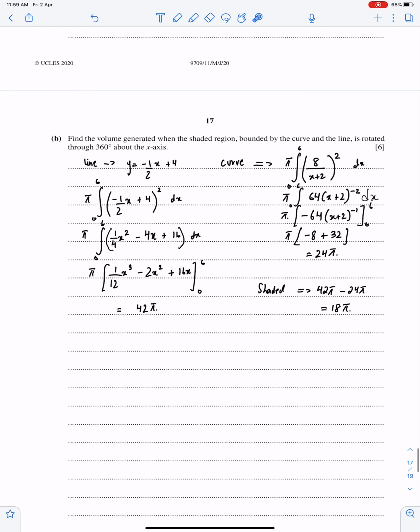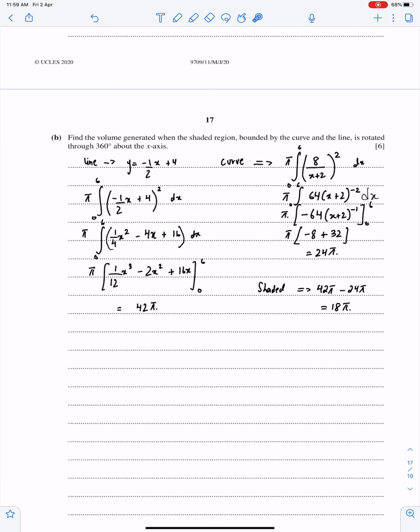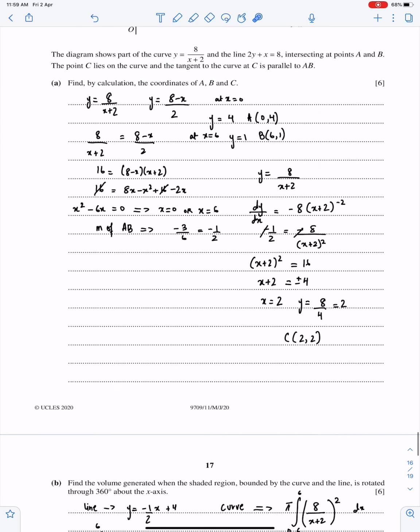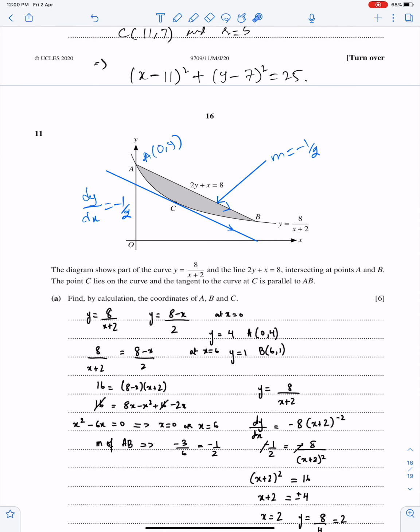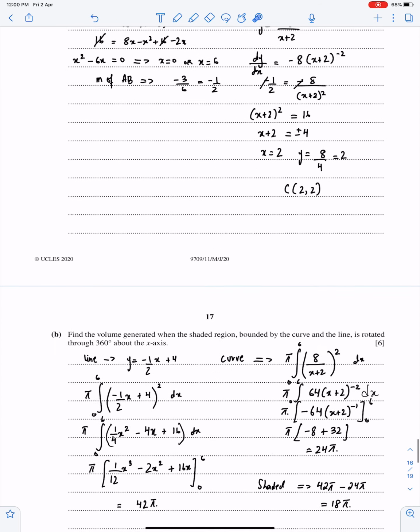Last part. Find the volume generated when the shaded region bounded by the curve and the line is rotated 360 degrees about the x-axis. This is so simple. Get this volume first. The volume rotated by this line, and then the volume by this curve, and then subtract these two volumes. Upper minus lower. This is the upper line and lower is the curve.